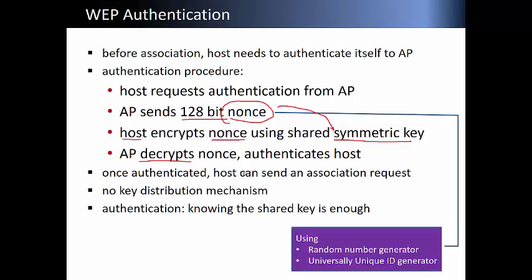In this slide, we want to see the nonce. A nonce can be generated in many ways, but a simple way that we can emulate here is to use a random number generator.